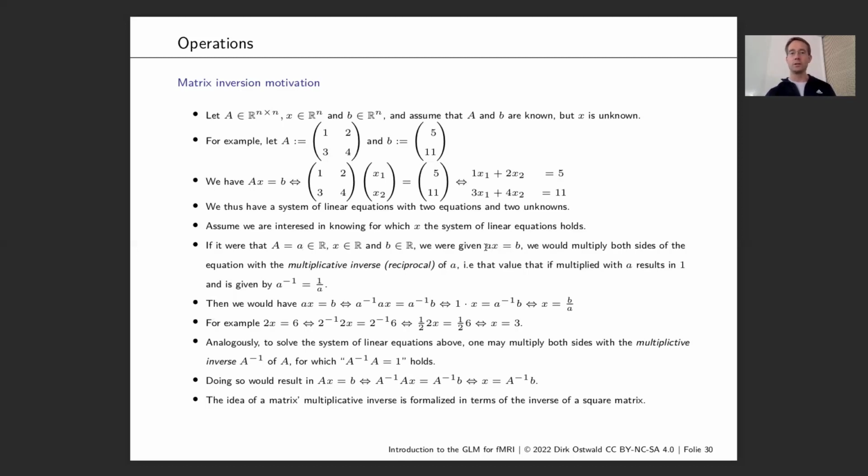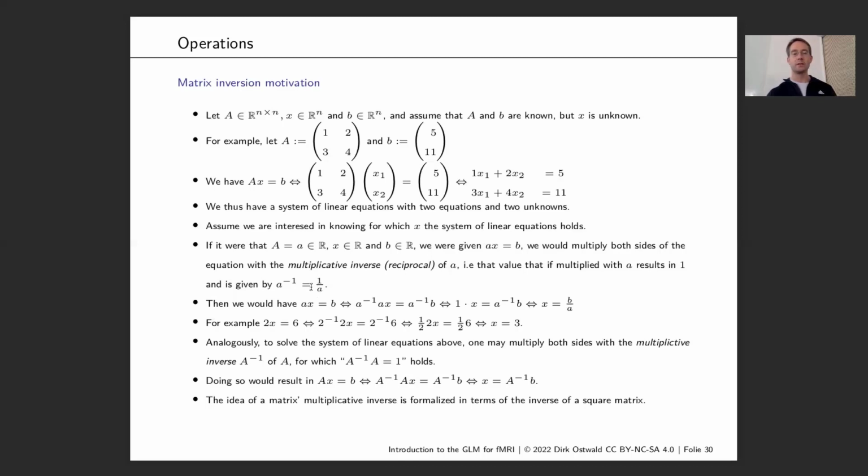Well, you would divide by A on both sides. Then, if you divide by A here, the A goes away, and you only have the X, and here you would have B divided by A. And dividing by A, as you remember from school, is the same as multiplying with the multiplicative inverse, or the reciprocal of A. So multiplying with 1 over A. And how is this 1 over A defined?